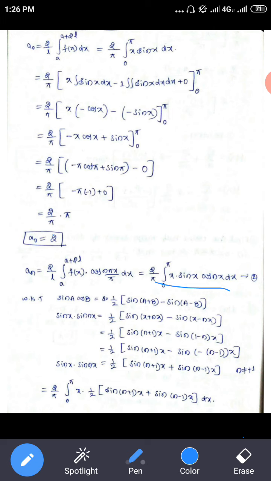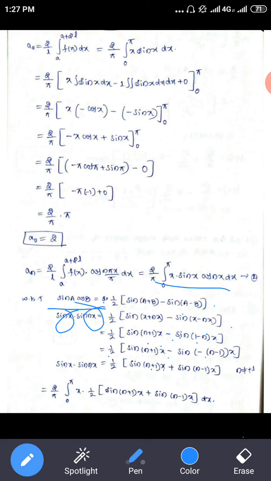So we know the sin A cos B formula, that is half of sin of A plus B plus sin of A minus B. Here instead of A, x is there, instead of B, nx is there. Half sin of x plus nx plus sin of x minus nx.